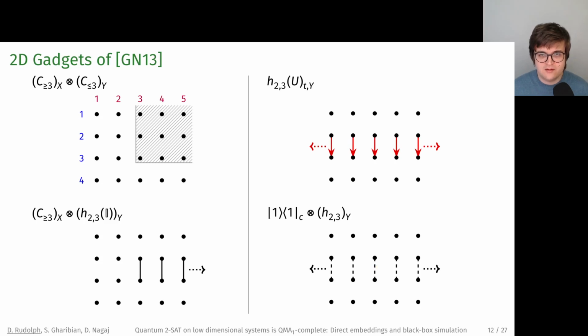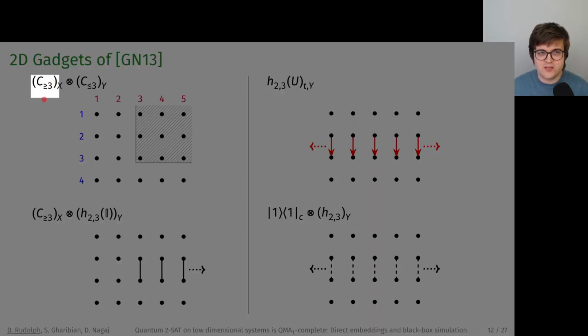The main basic building blocks of Gosset and Nagaj are these here. We can look at our clock states as these dots in a grid, and then look at what we can do with these two-local gadgets. For example, because these individual projectors are one-local, we can build a projector that selects a quadrant.